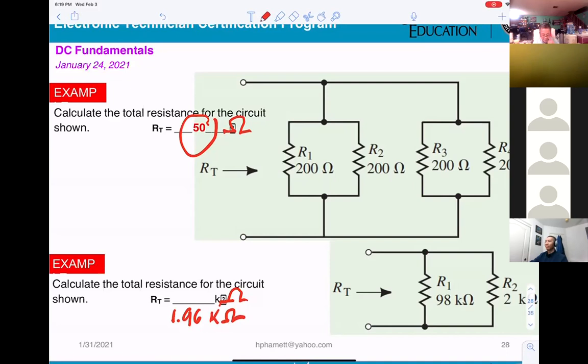Yes, correct. 1.96 kilo ohm. How come you get 1.96? You get 98K and 2K, they're supposed to be less, right? Yes, correct. The smallest resistor is 2K, and the total is 1.96, which is less than 2K.